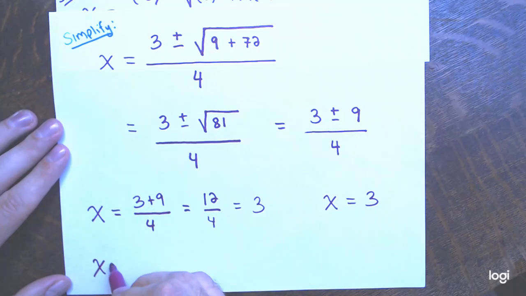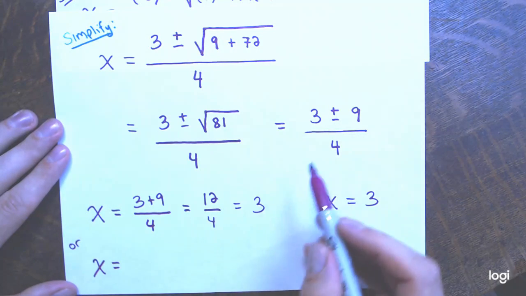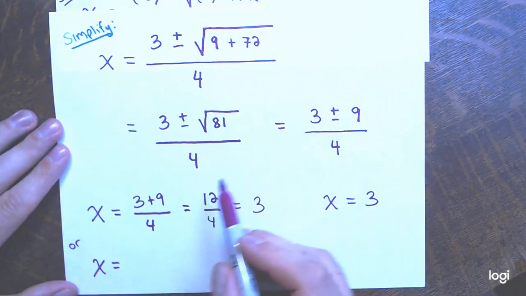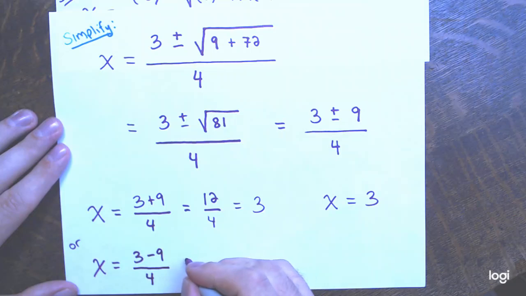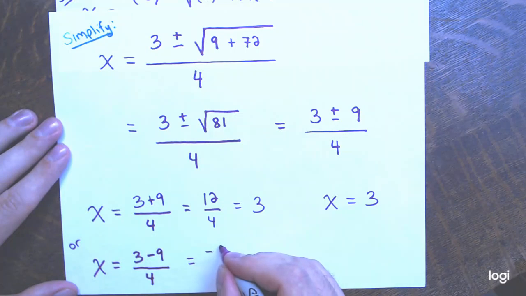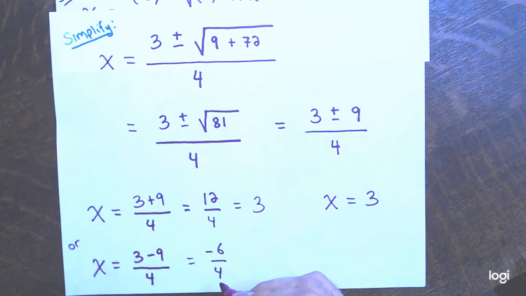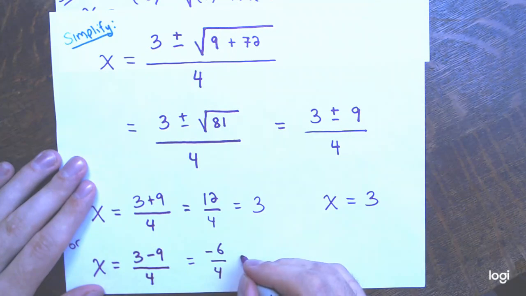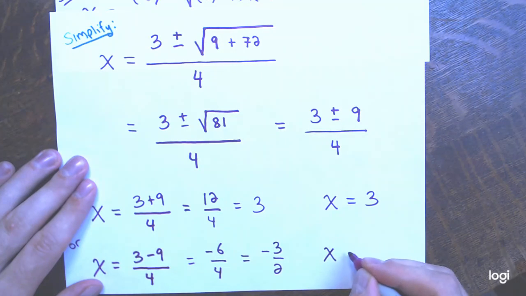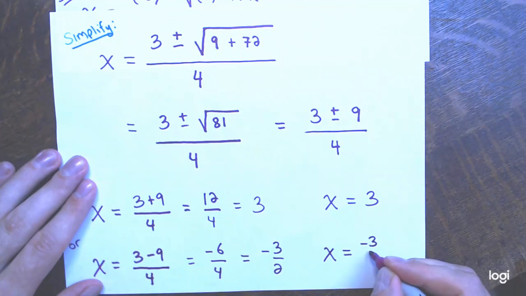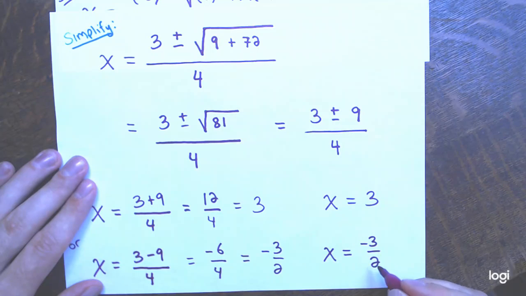Or the other solution is the one with the minus up here. Instead of 3 plus 9 over 4, 3 minus 9, then divided by 4. All right, well, 3 minus 9 is negative 6, and then we have divided by 4, and 6 and 4 have a common factor of 2. This reduces to 3 halves, right? So negative 3 halves. So my other possible solution is negative 3 halves, or negative 1.5.